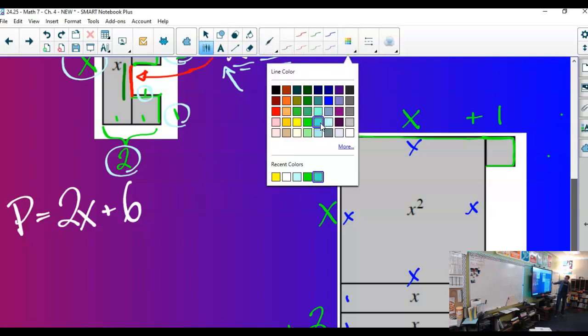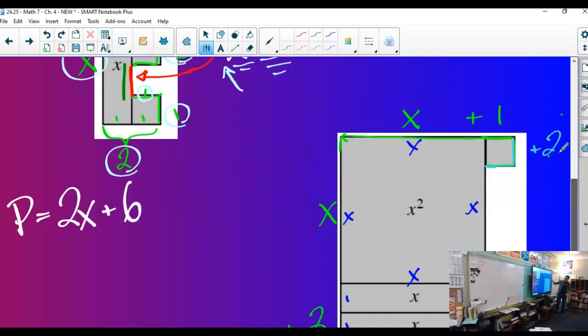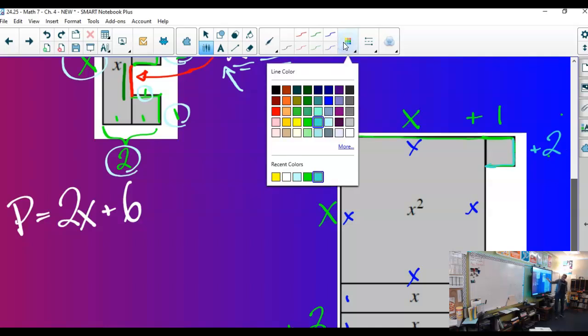The rest of over here would just be this and this, which would be 2. So up to you if you put the 1 there and then put 2 here, or make it 3, but be careful that you don't count something twice. That's why I would shade, I would draw, I would use a highlighter, do something to help yourself out. The only section I haven't labeled yet, man, this right here.